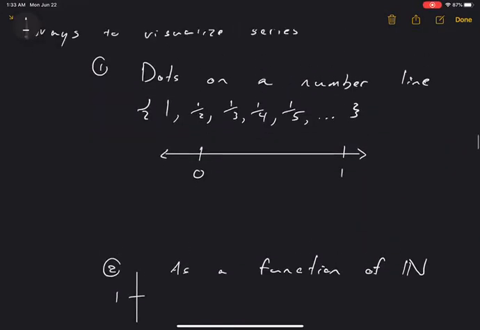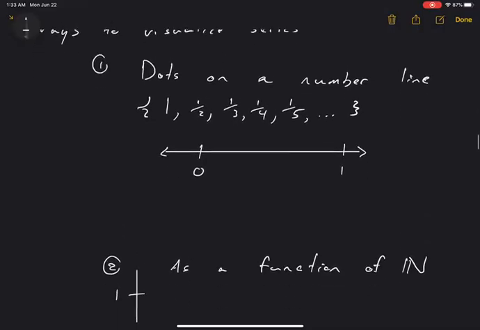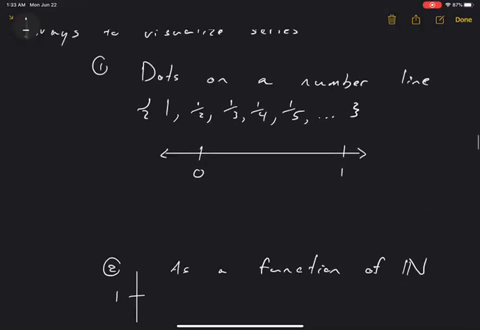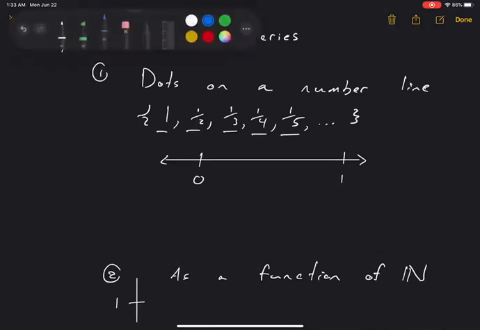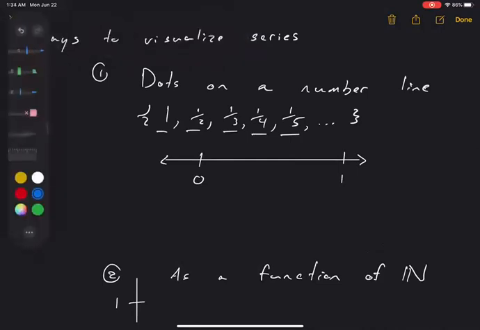This first method I don't use very much. We could think of these entries, these terms of our sequence, as dots on our number line. So let's say I just have a flat number line, and let's put these terms on our number line.